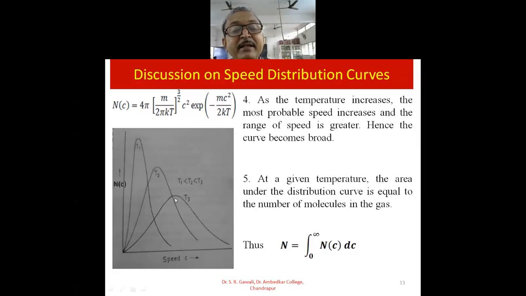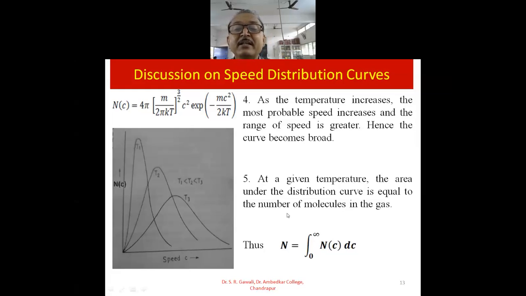Then again if the temperature is increased, the most probable speed of the molecules of the gas increases. For the temperature T3, the most probable speed is higher still.